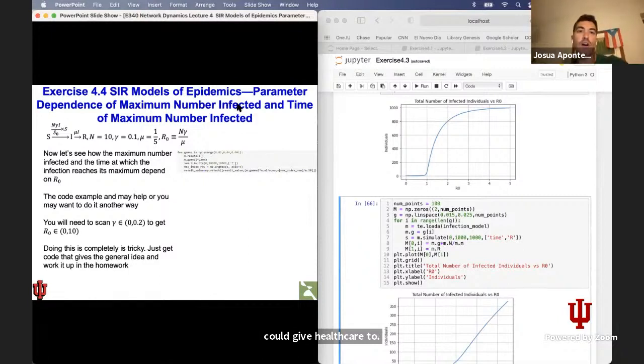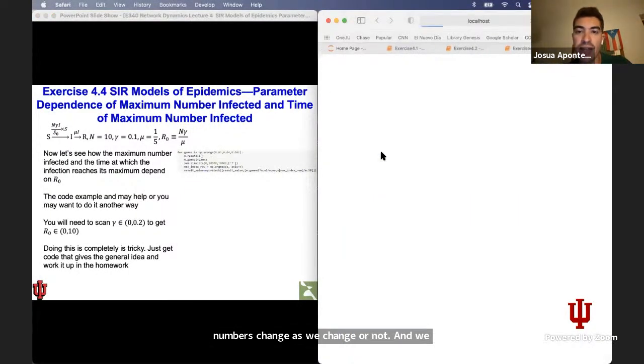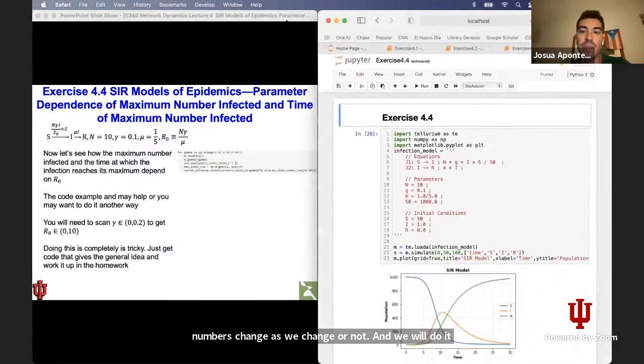So of course, these are important numbers that we definitely want to know, and we want to know how these numbers change as we change R naught. And we will do it by looking at exercise 4.4.